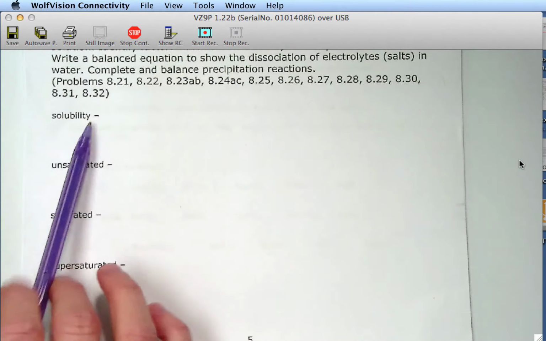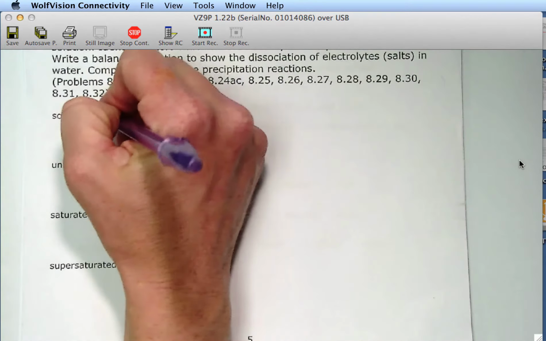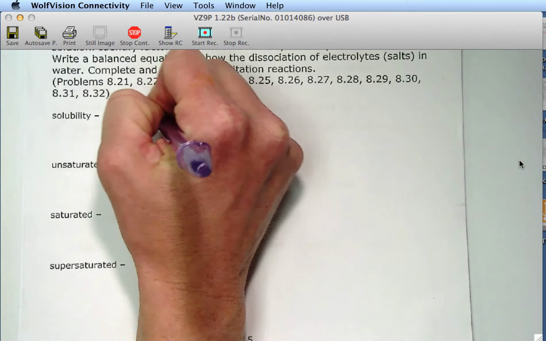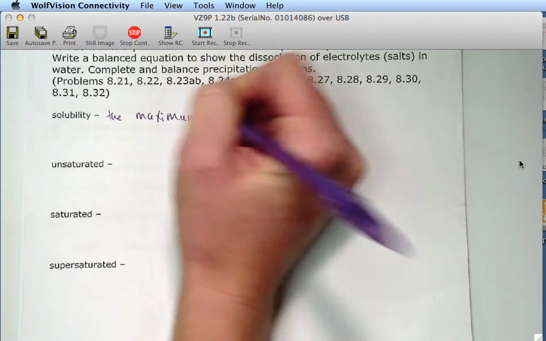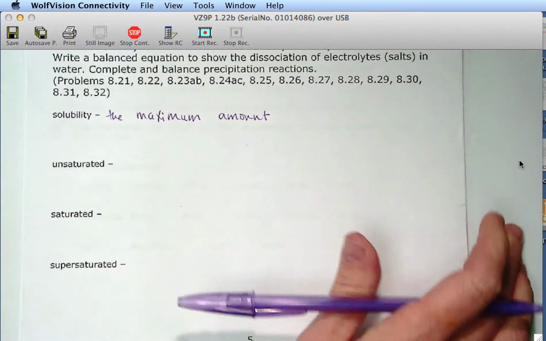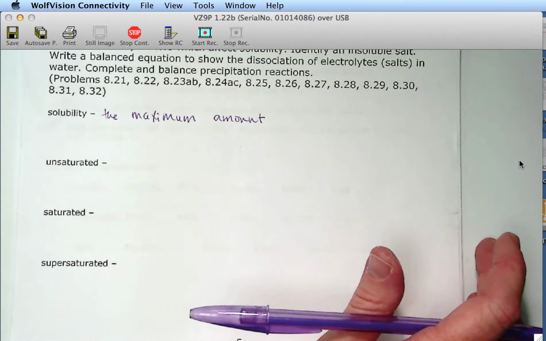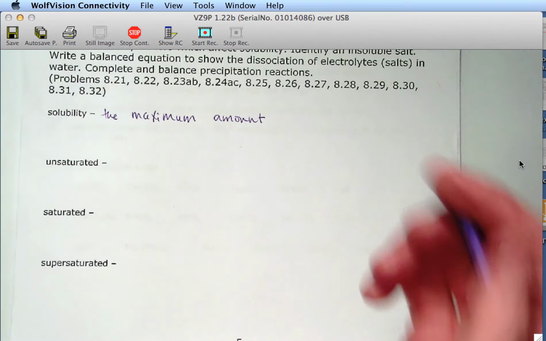Okay, so here's a definition. Solubility is the maximum amount of substance that will dissolve in a given amount of solvent at a specific temperature.